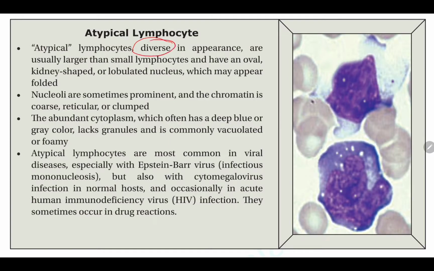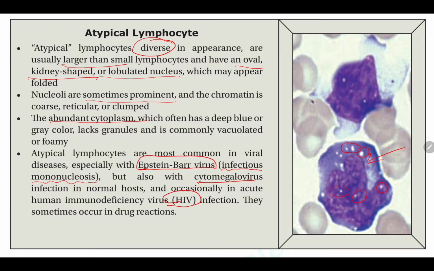Okay, now going further, we have atypical lymphocytes. They are diverse in appearance: larger, with an oval, kidney-shaped or lobulated nucleus, sometimes prominent nucleoli, and abundant cytoplasm that is commonly vacuolated or foamy. It is commonly seen in Epstein-Barr virus, which is related to infectious mononucleosis, but also with cytomegalovirus and HIV.